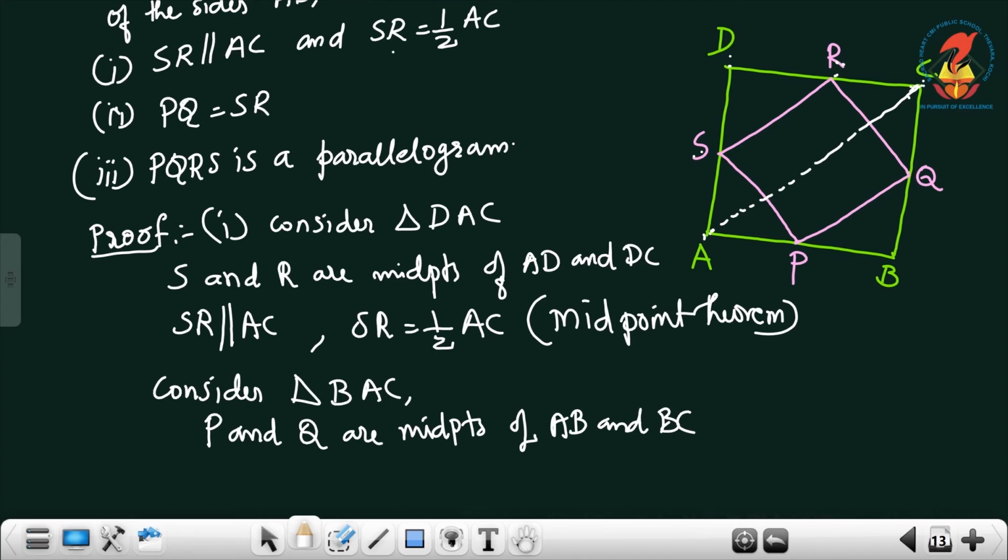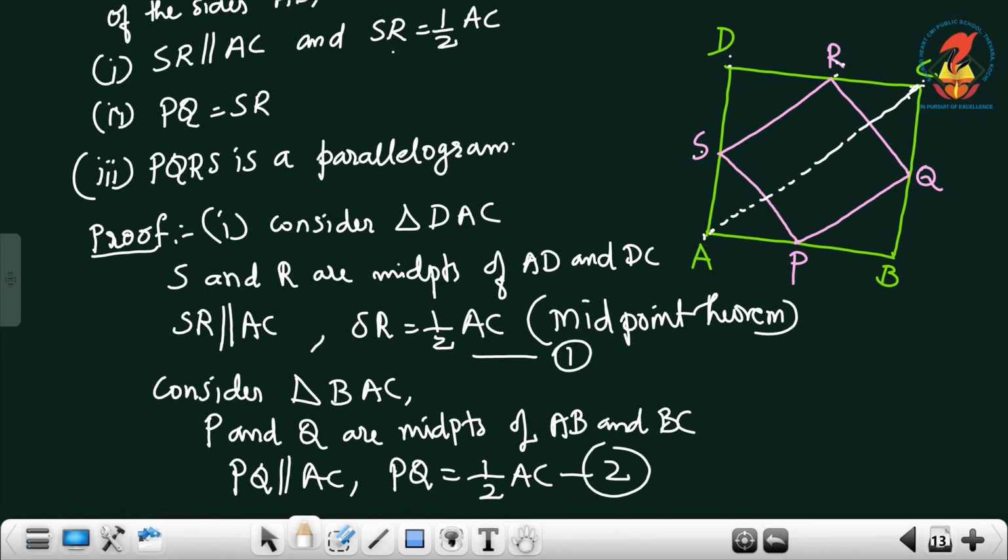By midpoint theorem, we can write PQ parallel to AC, PQ equal to half AC. This is the first one.